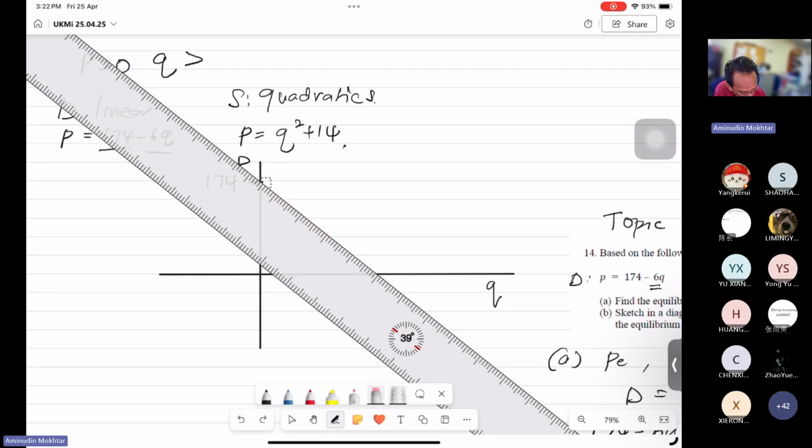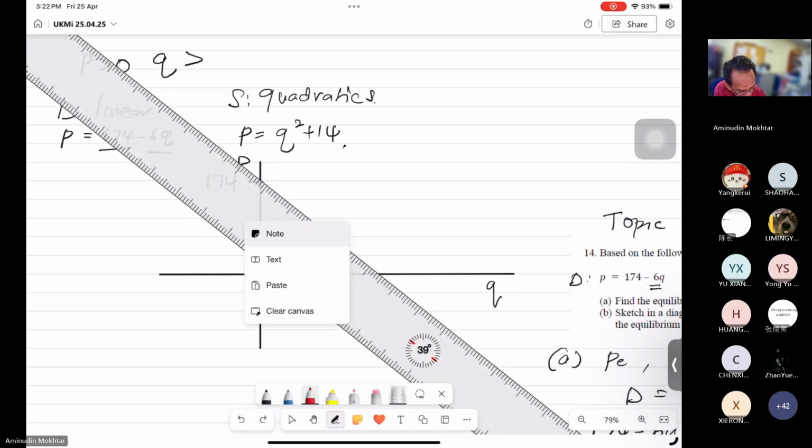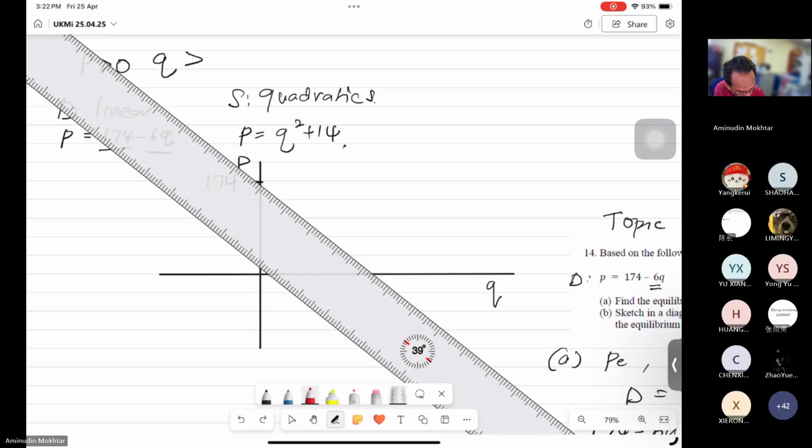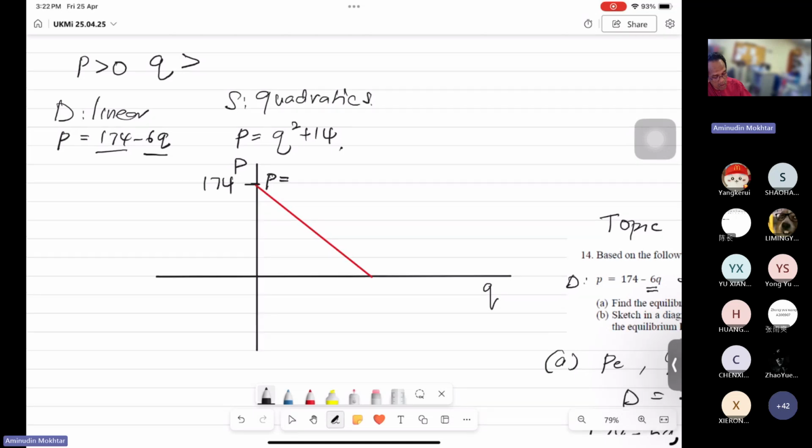Okay, so this is for demand. The right one is for demand. P equal to 174 minus 6Q.